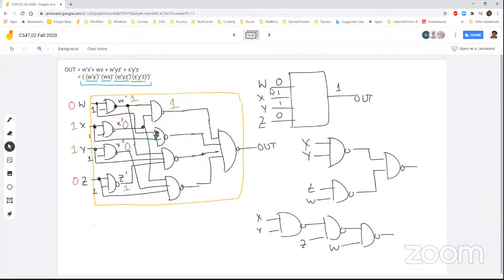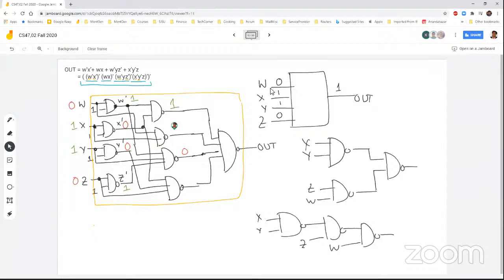This one is 1 too. So this is basically 0. Actually, I don't need to do the other things, but let's do that. Since one is already 0, I can expect the output to be 1. But let's evaluate the other part anyway. For this NAND, my input is 1, 1, 1. Wonderful. So this becomes 0.